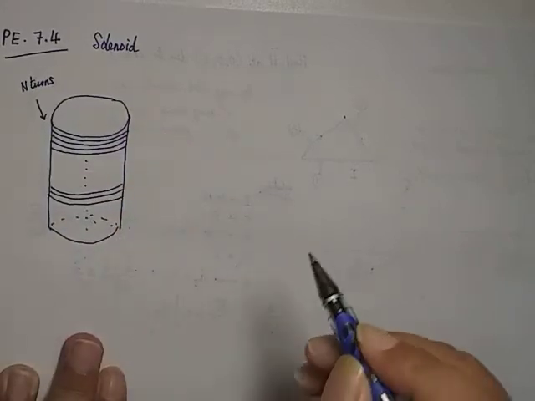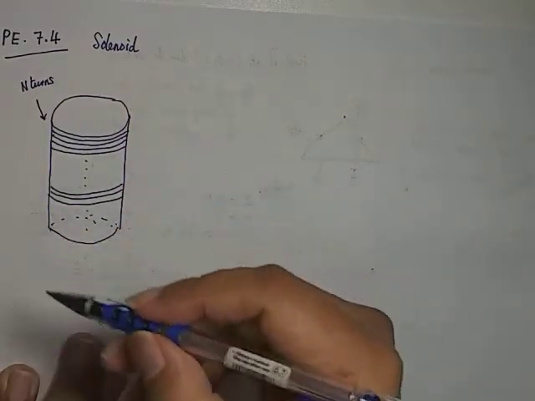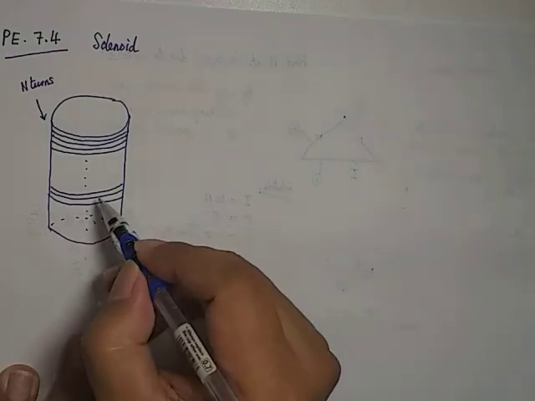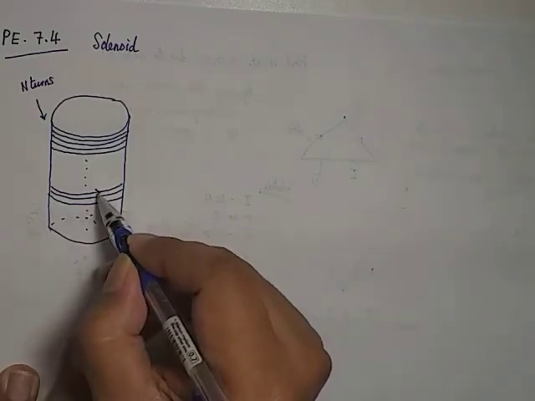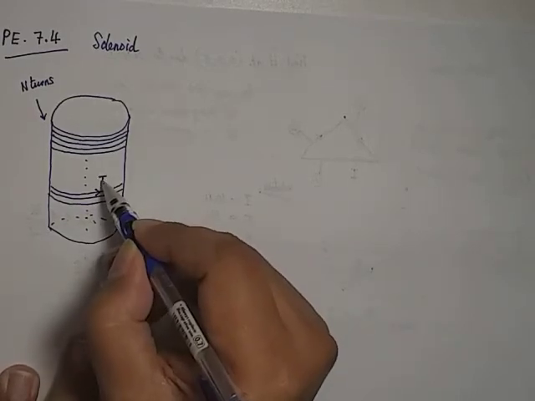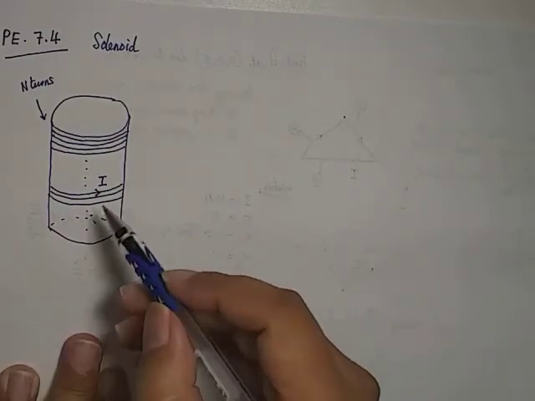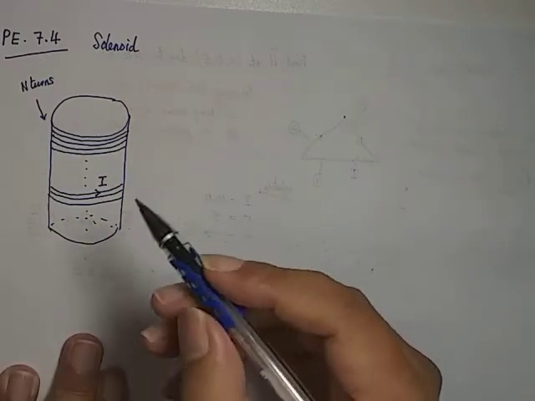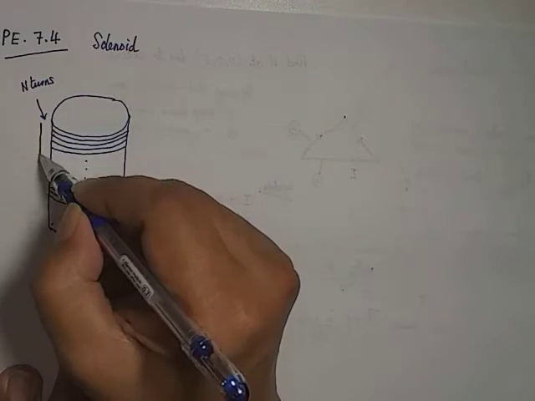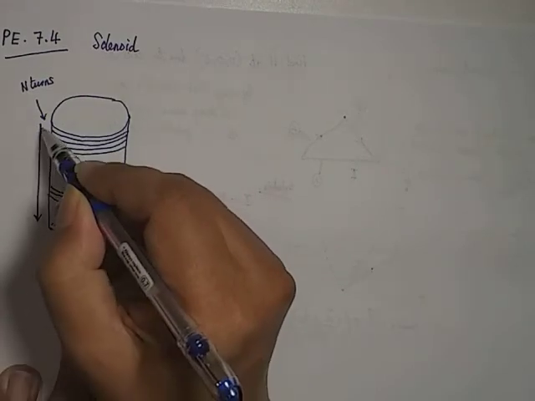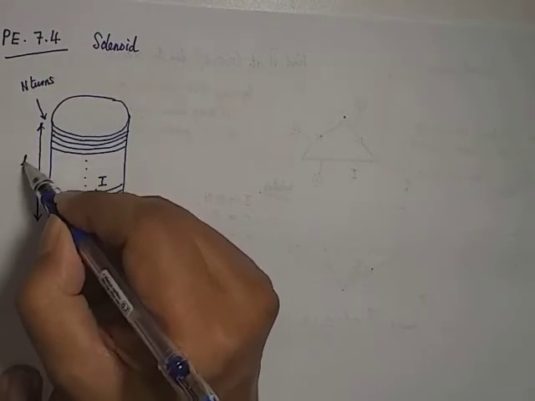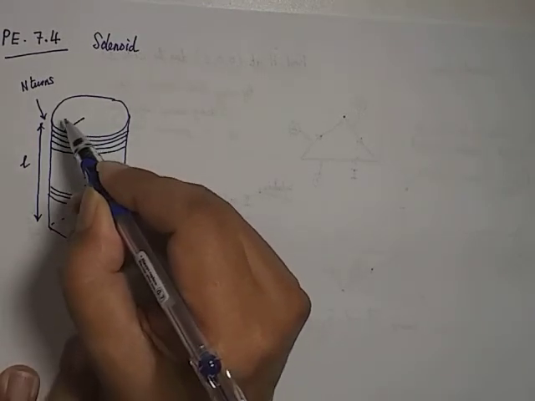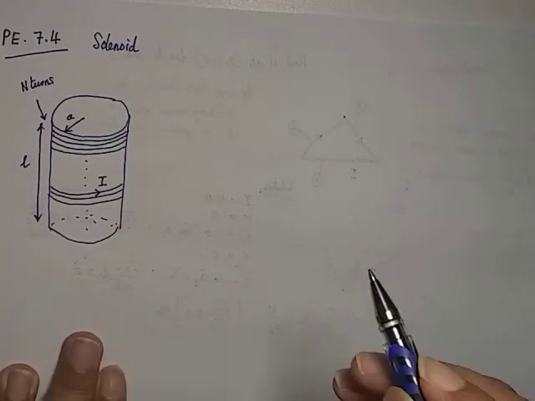That should be the number of turns of winding on the cylindrical structure, and each turn is carrying a current I. So that should be current I and N turns regarding the solenoid. Given by the problem, the solenoid has length L and radius A, given values.